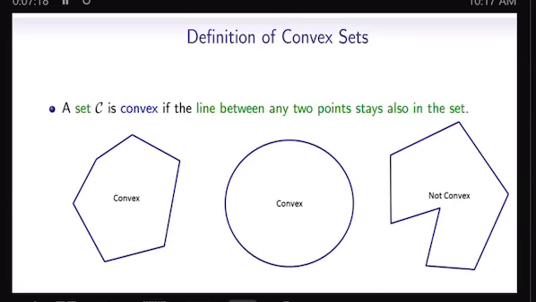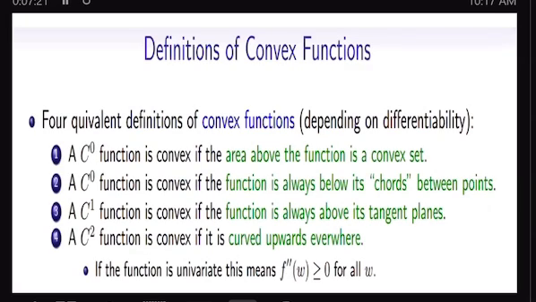Now I'm going to move on. In the definition of a convex function, I'm actually going to be using different differentiability classes, which I'm going to call C0, C1, and C2. What is C0? C0 means I have a continuous function.